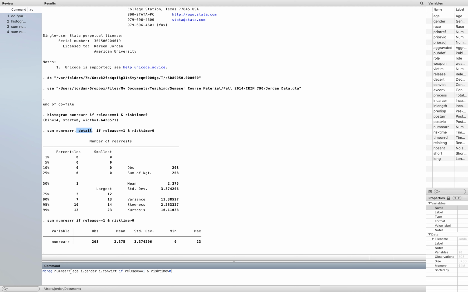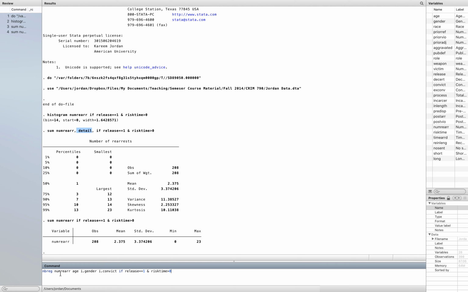Then you have your outcome, number of rearrests. The predictors we're going to put in the model are age, gender, convicted, and this is whether or not the defendant was convicted, and again, we are looking at our subset if they were released and risk time is greater than 0.